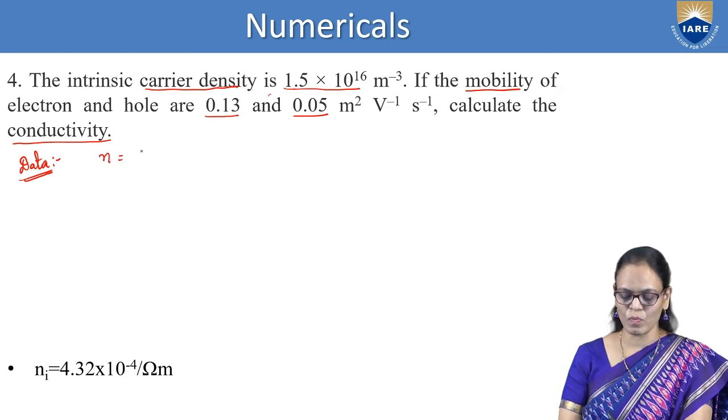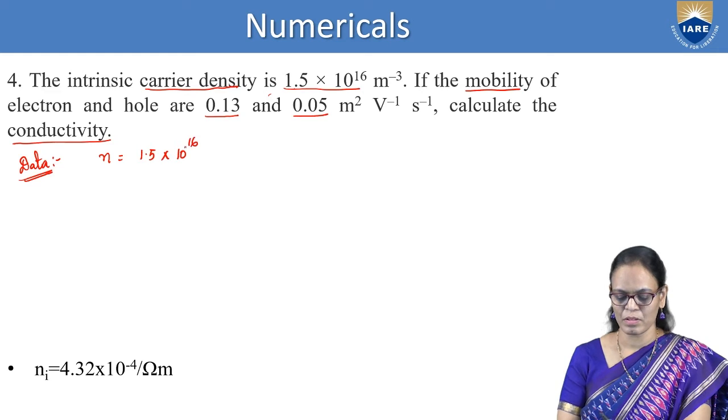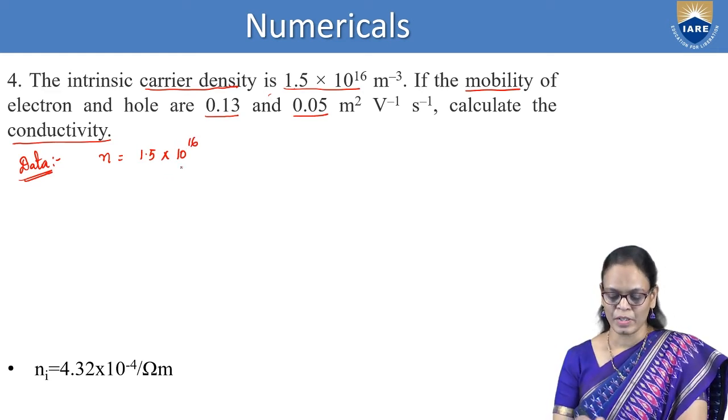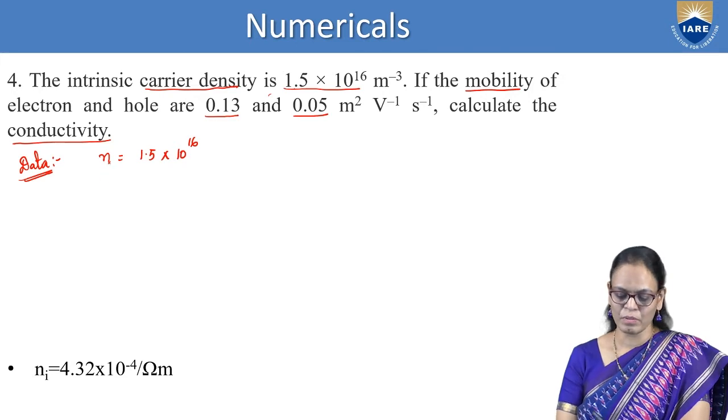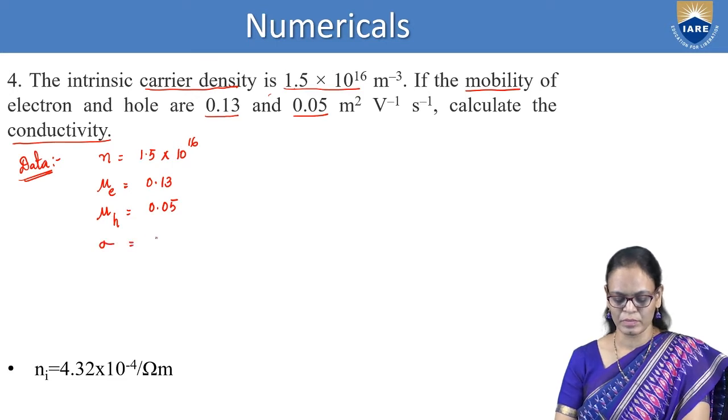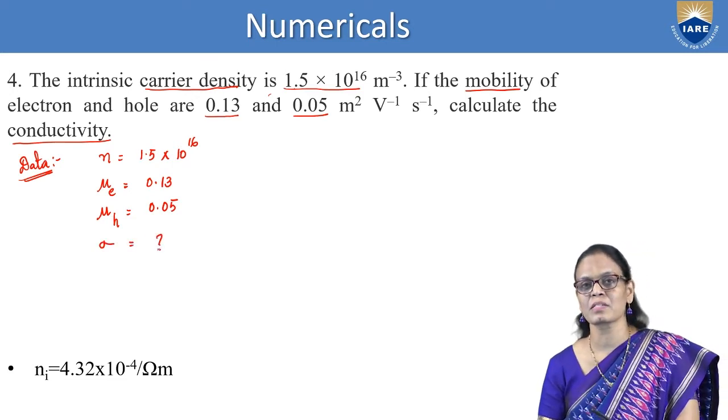N is equal to 1.5 into 10 power 16. Then we have the mobility of the electron 0.13 and the mobility of the hole 0.05. We have to calculate the conductivity sigma.